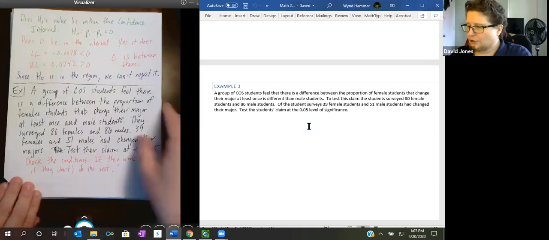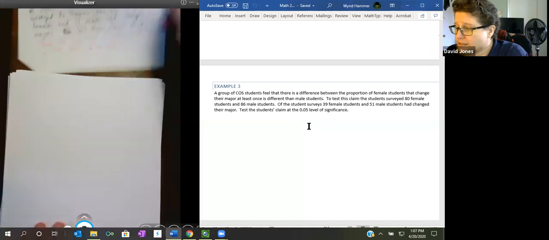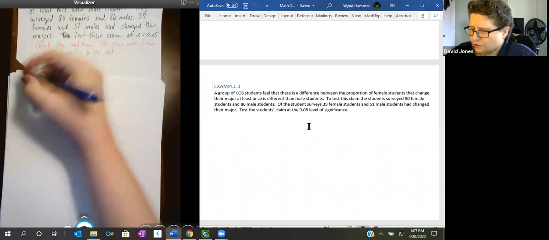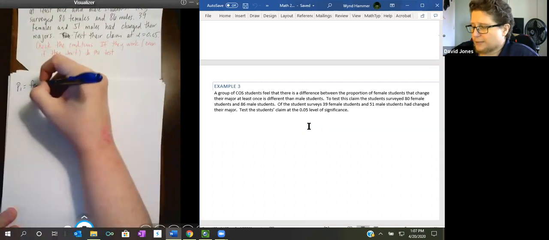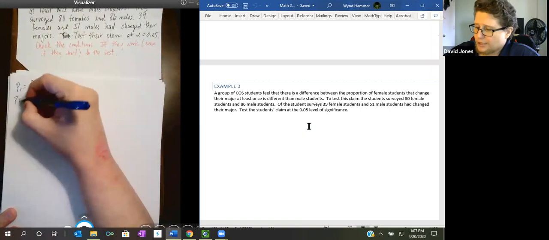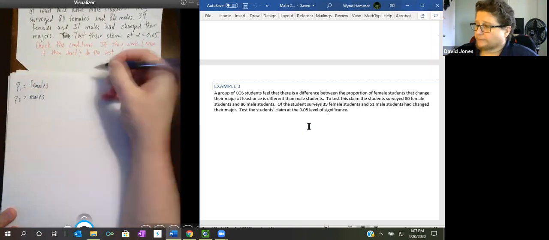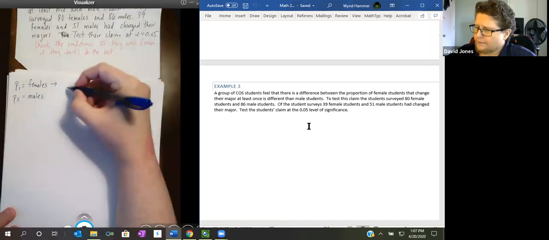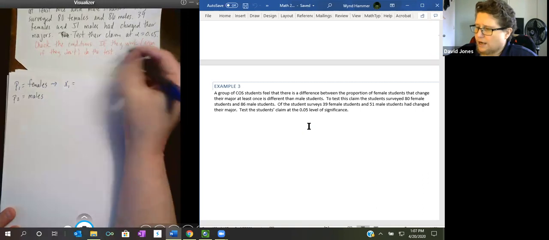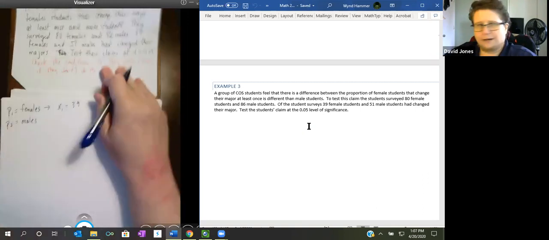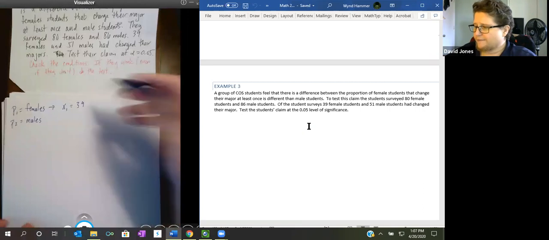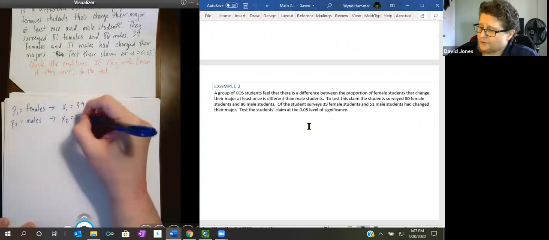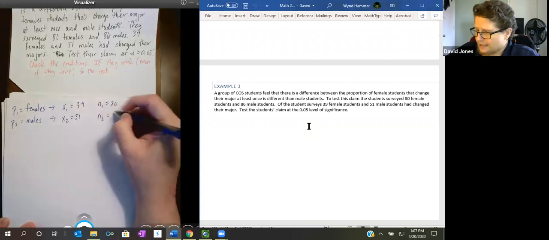All right, let's take a look at it together. I'm going to label the first group they said was females, so I'm going to say that's P1, which means P2 is males. And so P1 had X1 was 39 females, I'm pulling it right off that page right above, 39 females out of 80 students. And X2 had 51 males out of 86 males.